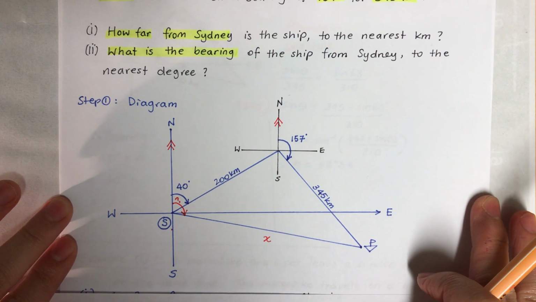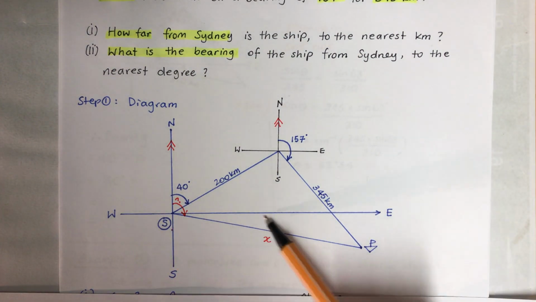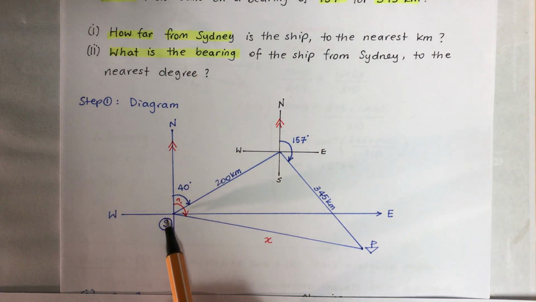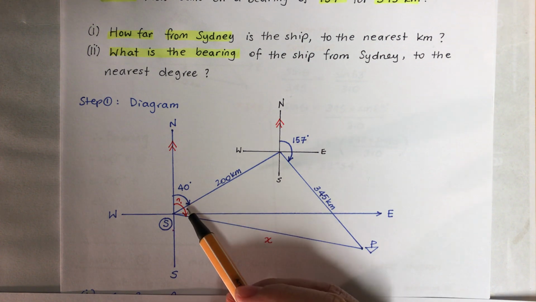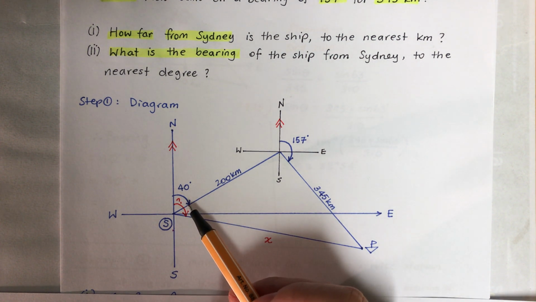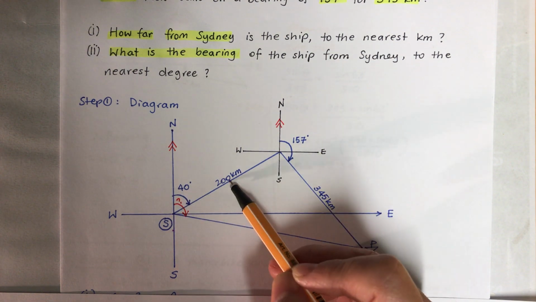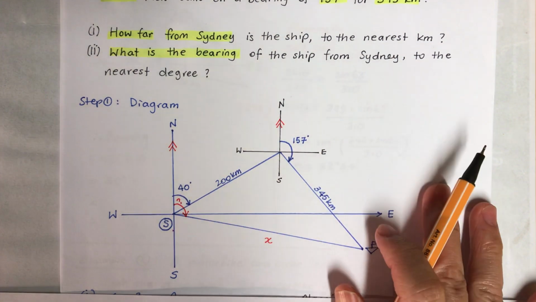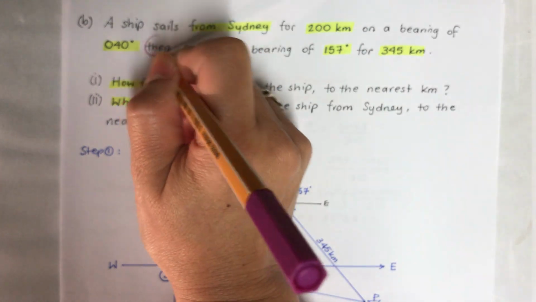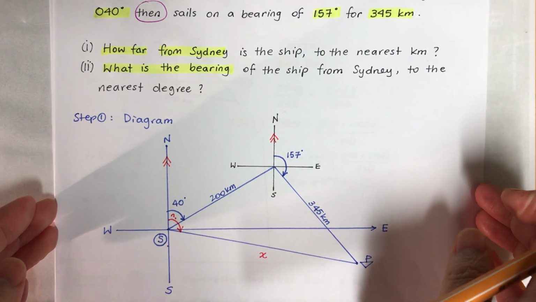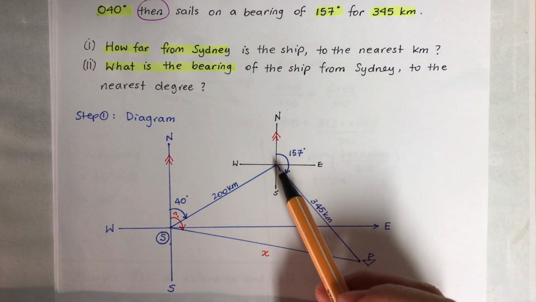So I sketched the compass there, the bearing, and the first point was Sydney, everything was from Sydney, so that's my starting point. Then it was for 200 kilometers on a bearing of 40 degrees. And then it says here, that's the key, there's another compass bearing happening here.